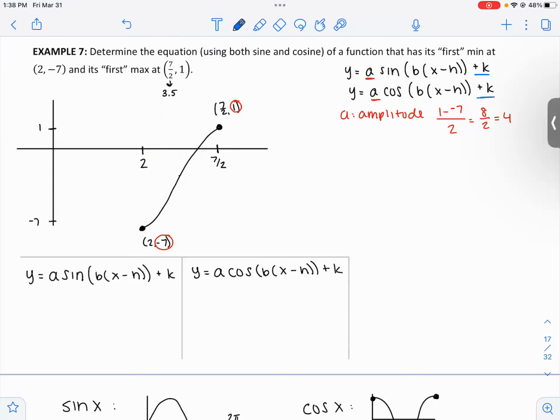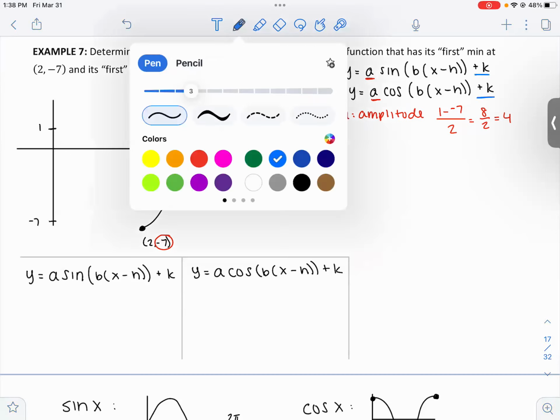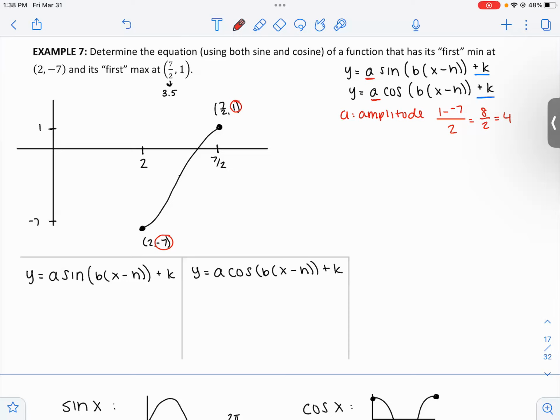Next thing I want to think about is what that vertical shift is going to be. That is represented by that k value. Now, if my amplitude is 4, that means that my distance from the maximum to halfway down has to be 4. And the distance from the minimum halfway up also has to be 4.